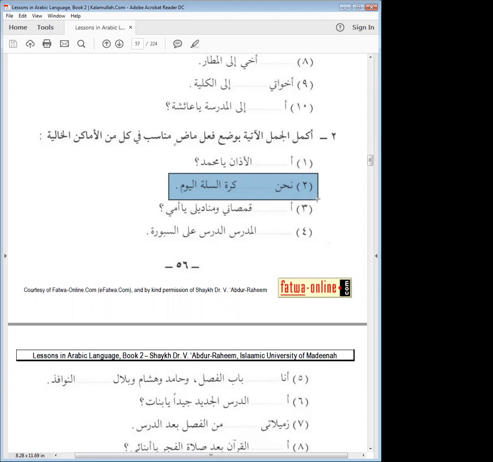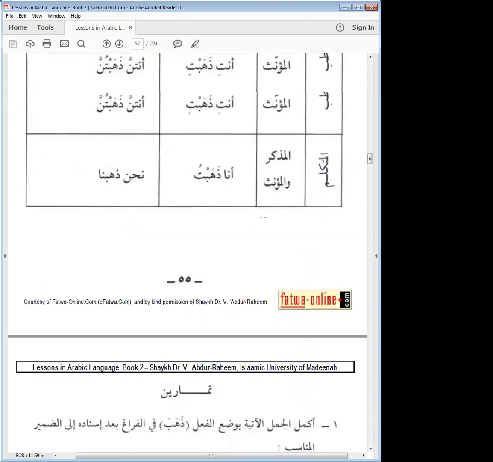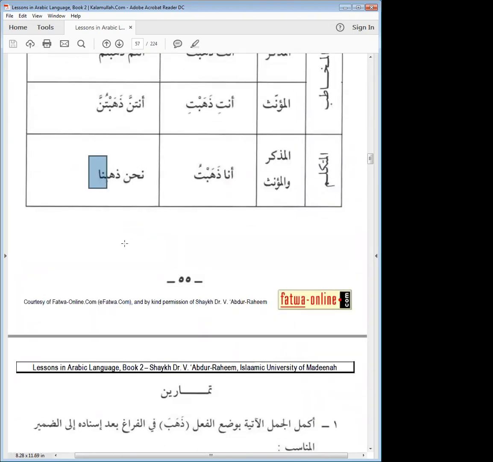We played basketball today. So the verb لعب changes to لعبنا with the noon, fatha, aleph at the end, just as we see in the table here, right? نحن ذهبنا, right? So in this case it will be لعبنا.